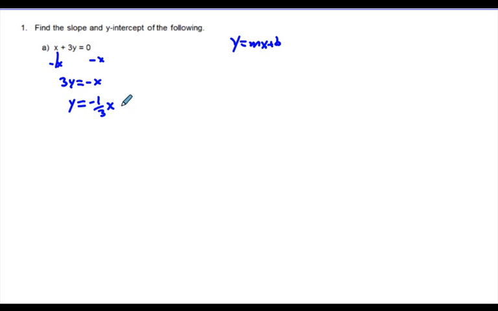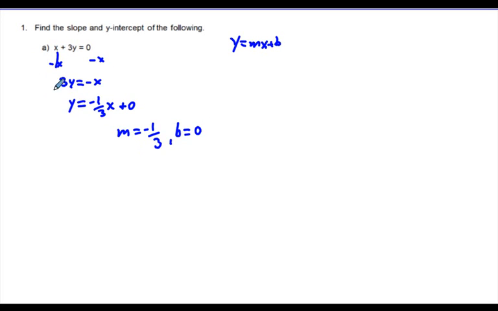So y equals mx plus b, the b here being 0. So for this particular line, the slope is equal to negative 1/3, and the y-intercept, which is b, is equal to 0.